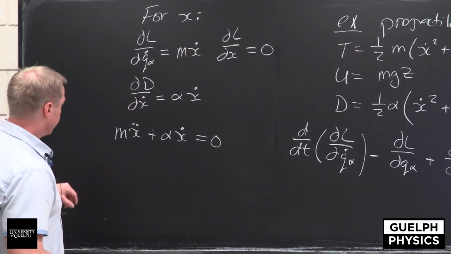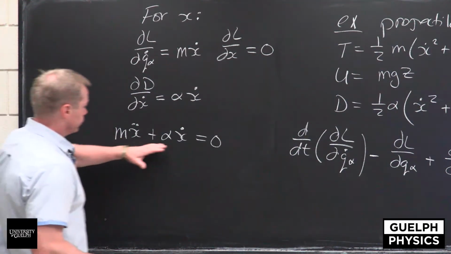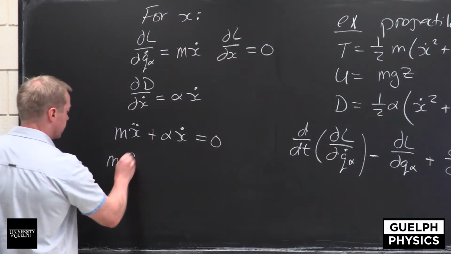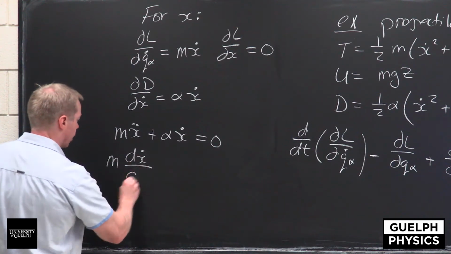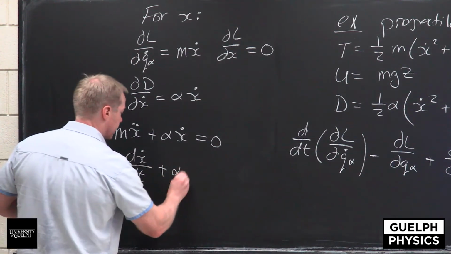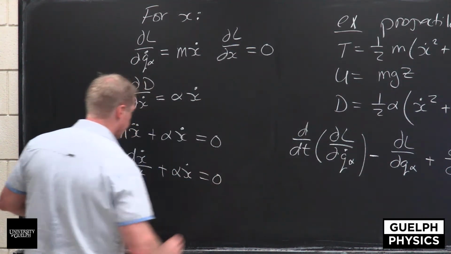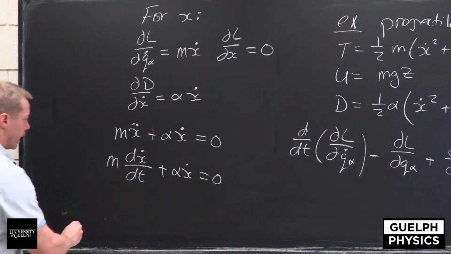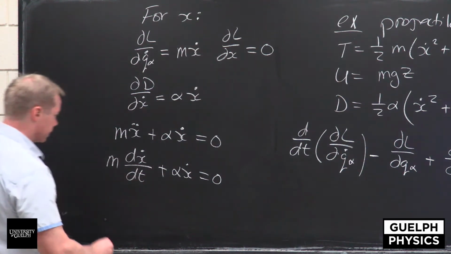And now I can just solve this for x dot. So this is m dx dot by dt plus alpha x dot equal to 0. And so I can rewrite this and solve it.